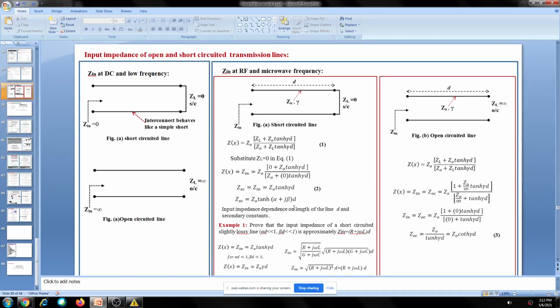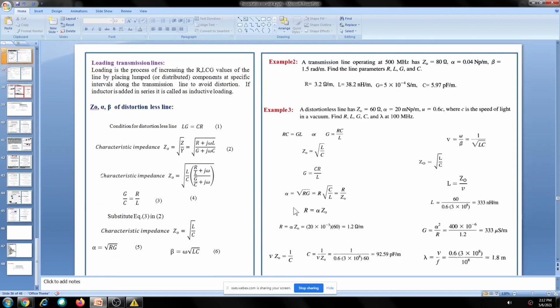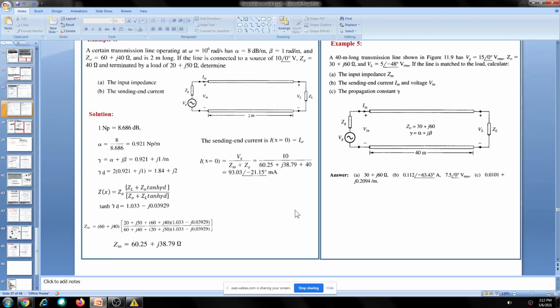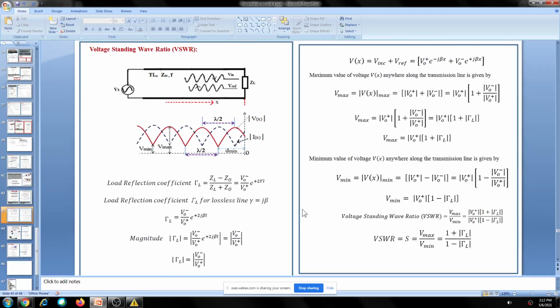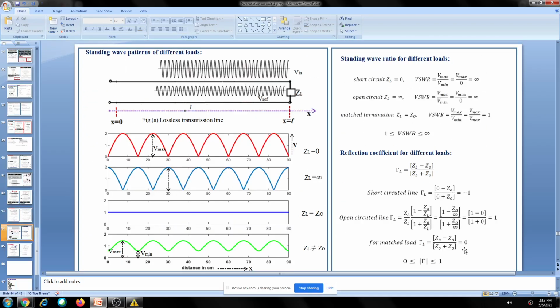In the previous class we covered the reflection coefficient for different loads. For an open circuit it is equal to +1, and for a short circuit it is equal to -1. -1 means the reflected wave is 180 degrees out of phase with respect to the incident wave, and +1 means the entire wave is reflected, but in phase.